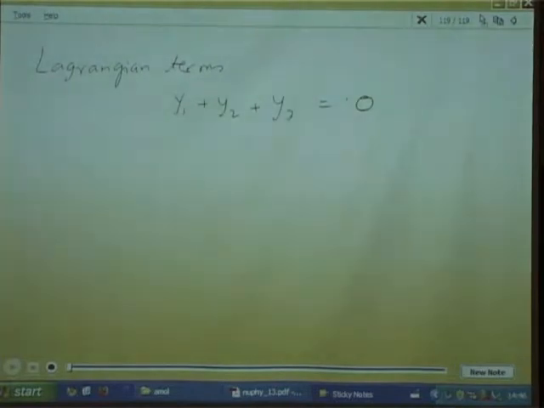Secondly, all these SU(2) should also give you 0, which means that tau 1 plus tau 2 plus tau 3 will be equal to 0.